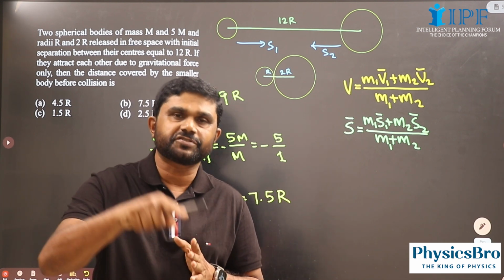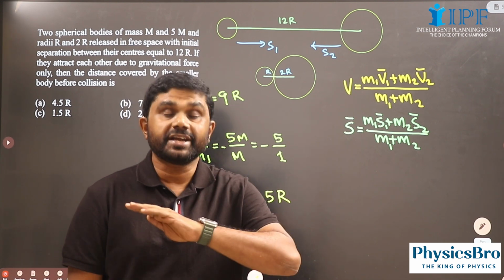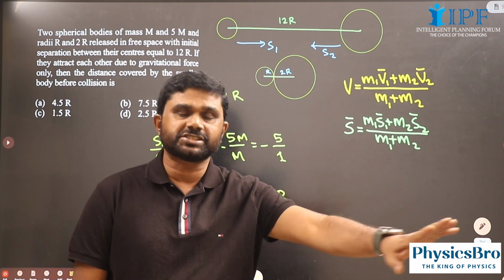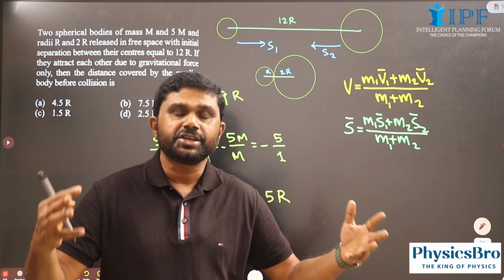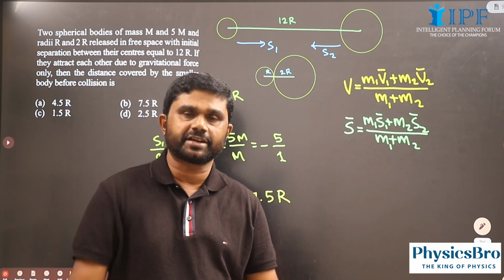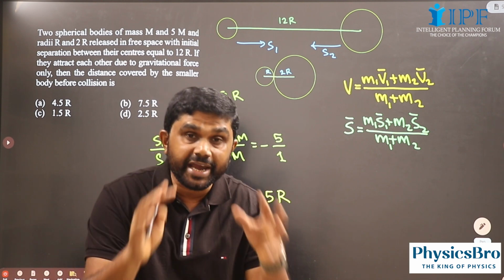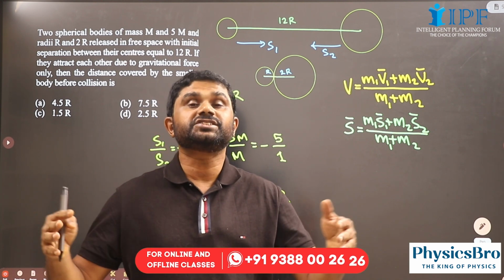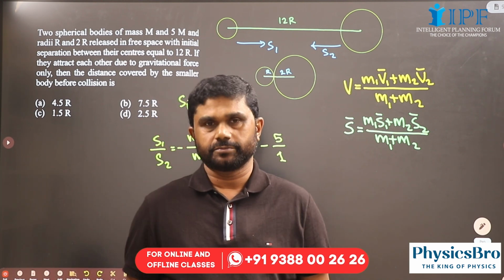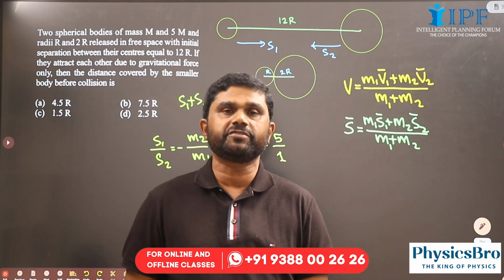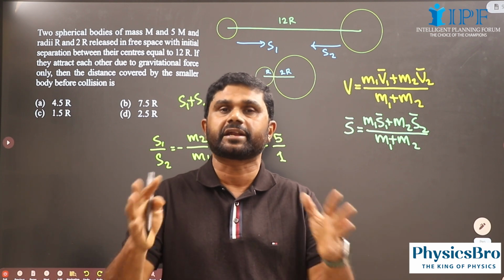Initially, velocity of the center of mass is 0. It will not change. What does it mean? Initially, the center of mass was at rest and it will remain at rest as these two bodies move towards each other.